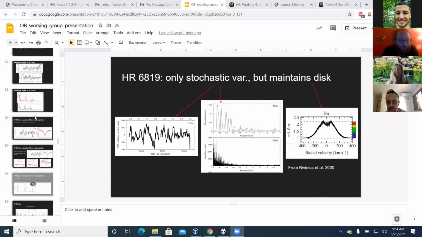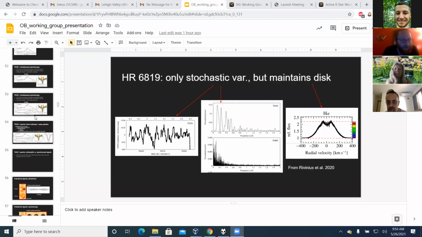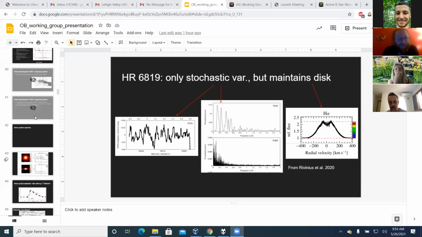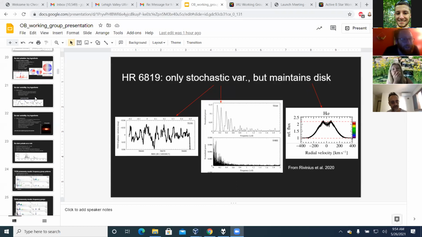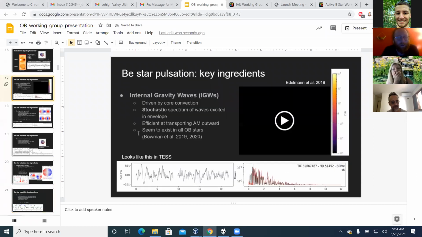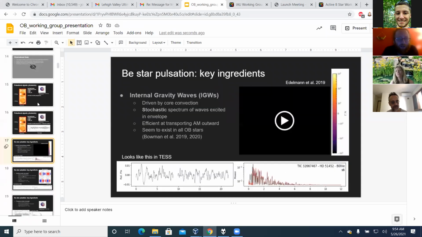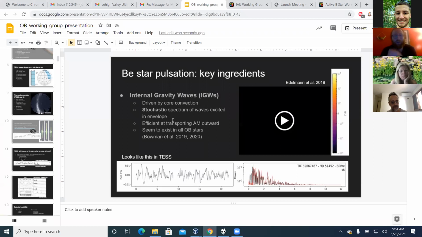That's a pretty good question. Let me stall a little bit while I think about an answer to that. So there was this recent paper by Coralie Neiner and some collaborators where they modeled the internal gravity wave properties of, I think, a B1 star. And they found that these internal gravity waves could transport angular momentum to the envelope and actually spin it up to increase the rotational velocity of the envelope, bringing it closer to critical.